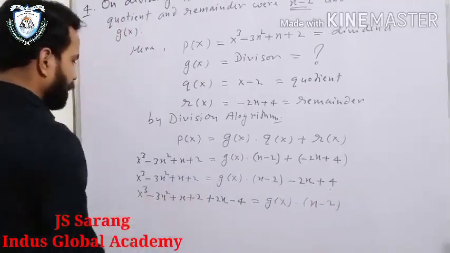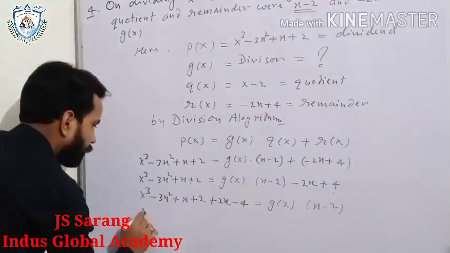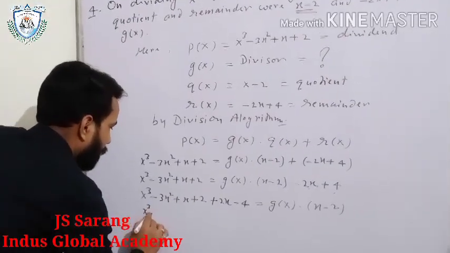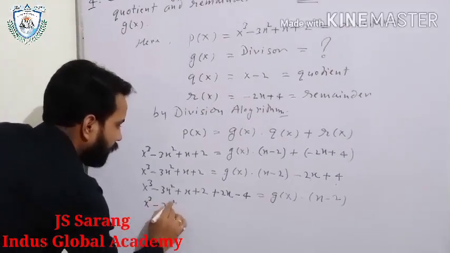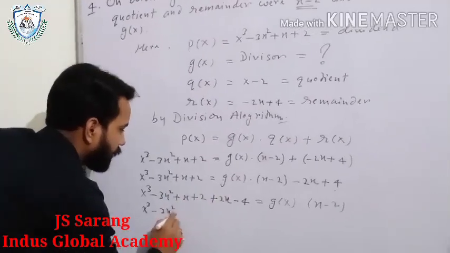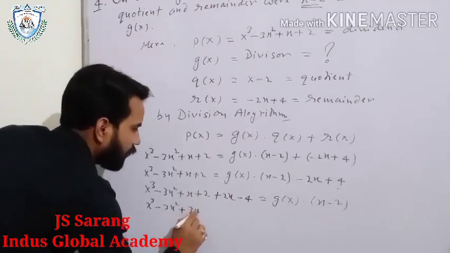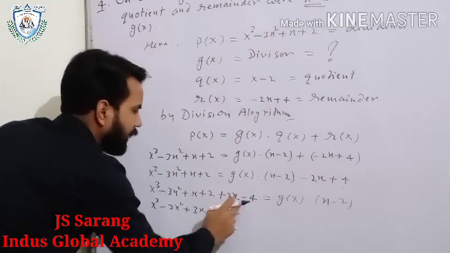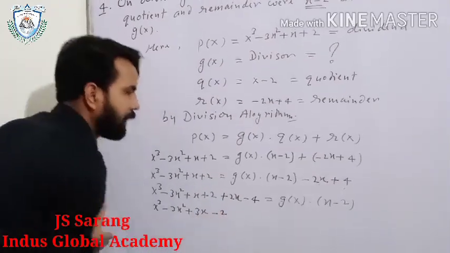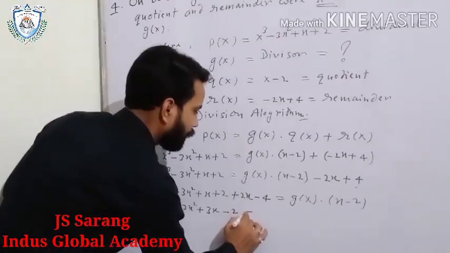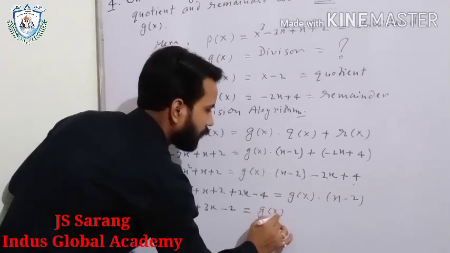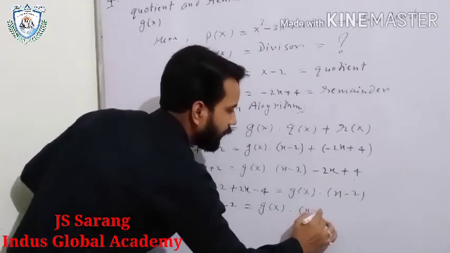Now simplify this. x cube minus 3x square plus x plus 2x will be plus 3x, and plus 2 minus 4 will be minus 2, equal to g(x) into x minus 2.